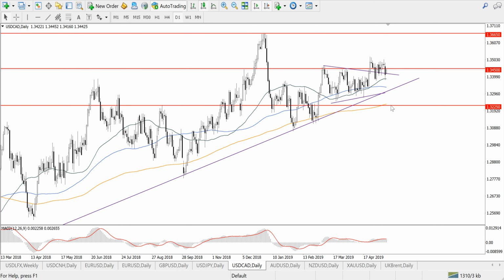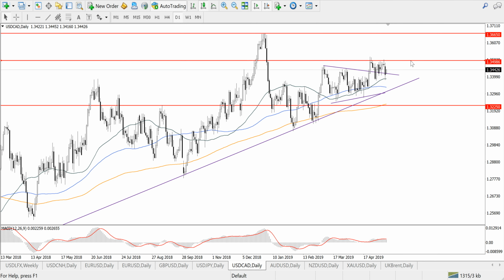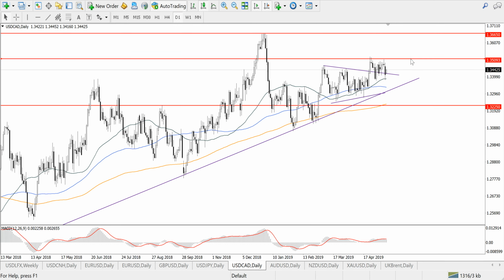Versus the Canadian dollar, we can see that consolidation in this pair remains around the central level of 1.3450. The currency pair needs to overcome resistance at 1.3510 to be able to get to 1.36.